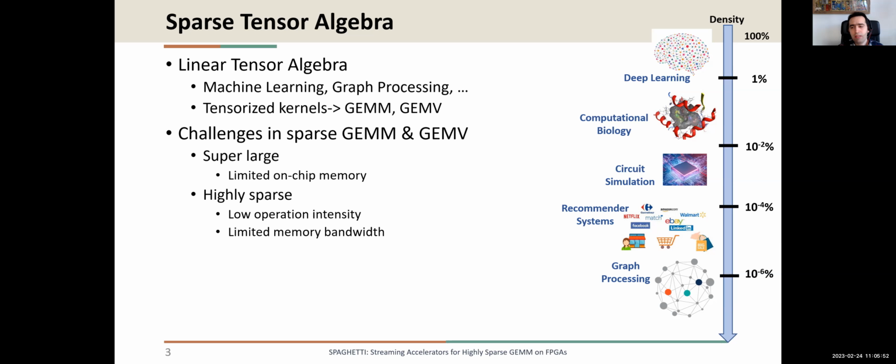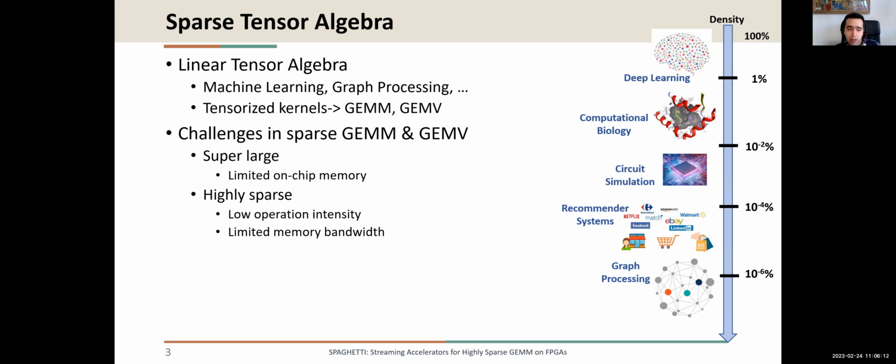And the challenge is that these matrices that we work with are usually sparse, and they are usually super large, and the level of sparsity can vary from low sparse to high sparse matrices.